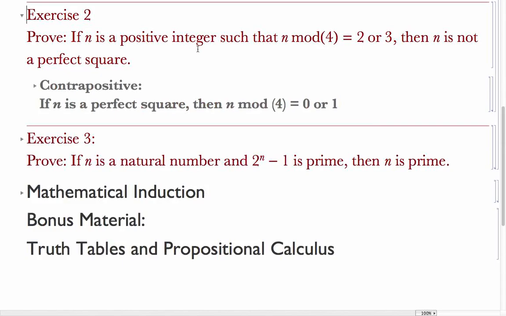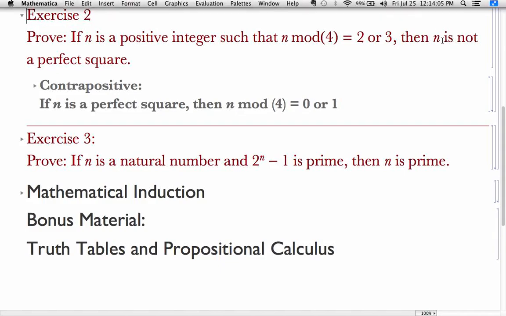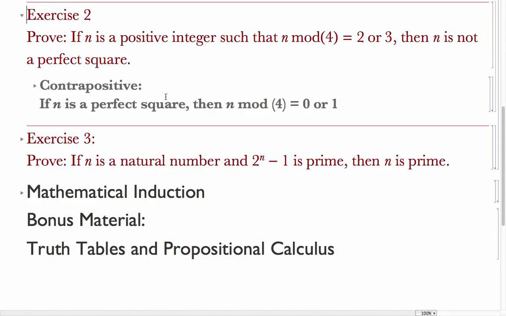The contrapositive would be that if n is a perfect square, then n mod 4 is 0 or 1. Just take a look, make sure you understand why that is the contrapositive of this statement. We're taking the conclusion of the original statement, n is not a perfect square, and we're negating that, so n is a perfect square, and we're making that the hypothesis. Now we look at the original hypothesis, n mod 4 equals 2 or 3.